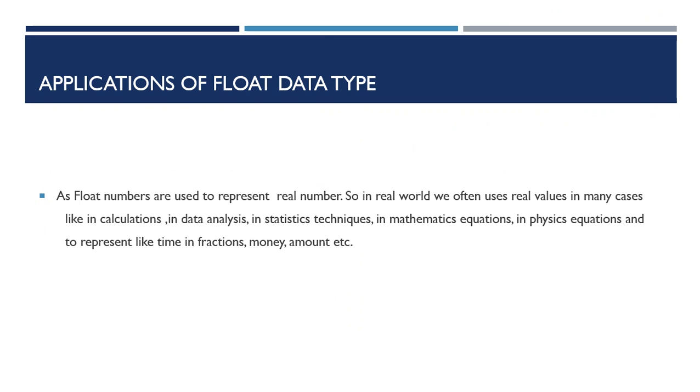In the real world, we often use real numbers in many cases, like in calculations, data analysis, statistical techniques, mathematical equations, physics equations, and to represent time, fractions, money amounts, etc. In all these real world examples we are definitely dealing with float numbers, decimal numbers, so in all these cases we can use the float type.